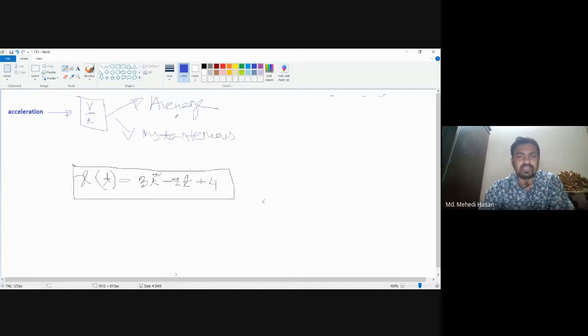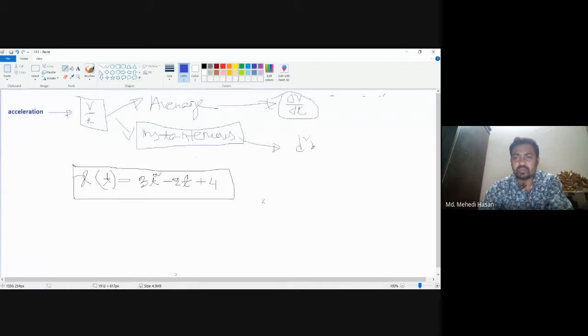So I will mainly discuss instantaneous acceleration only, because average acceleration is the change in velocity with respect to time interval, and this change in velocity is related with the instantaneous velocity. Okay, I'm not going to that part. So instantaneous acceleration is basically the second order differentiation.